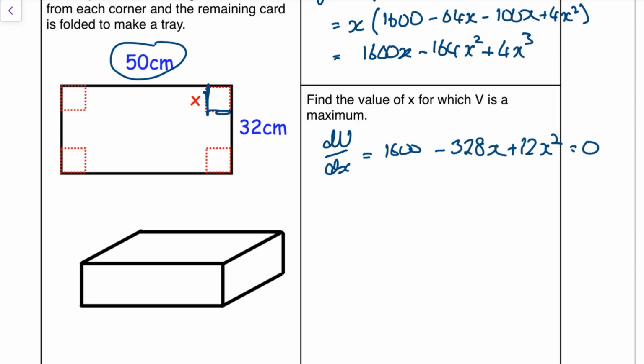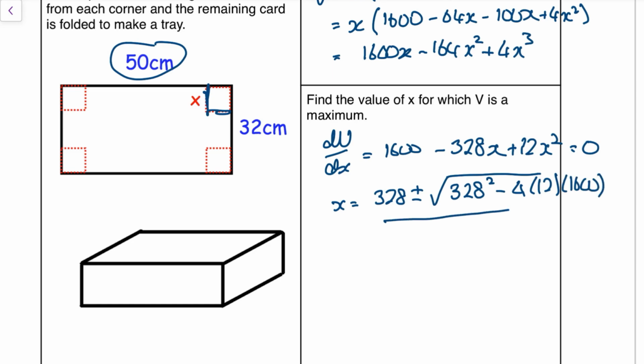Okay, I'm not going to try and factorize this. I'm just going to use the quadratic formula. So x is equal to 328 plus or minus the square root of 328 squared minus 4 times 12 times 1600. I've got to be careful because I've written it back to front. Okay, calculator out. I want to divide all that by 2 times 12, which is 24. Let's deal with the square root first.